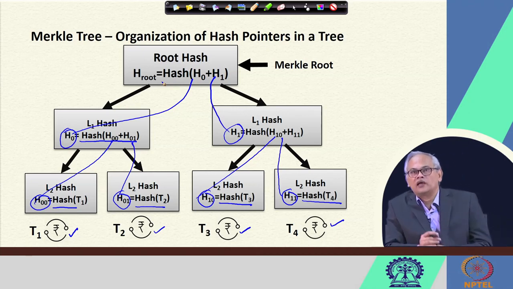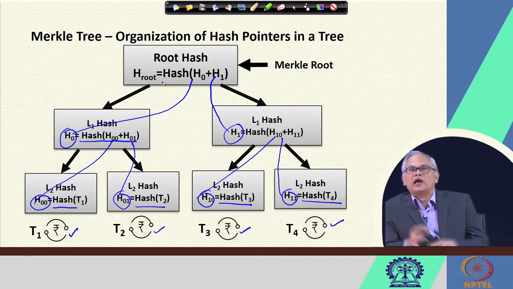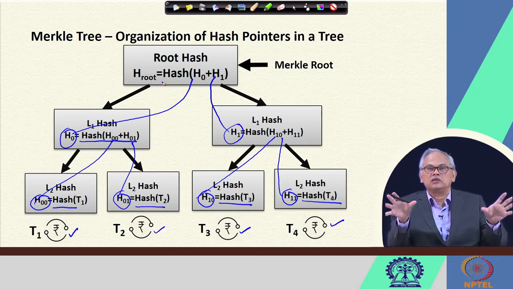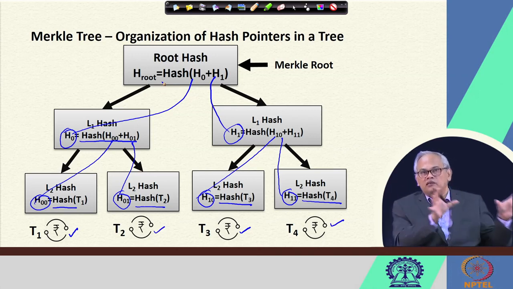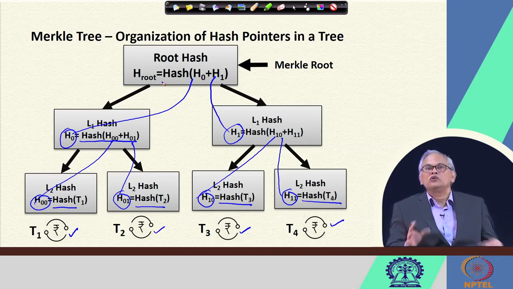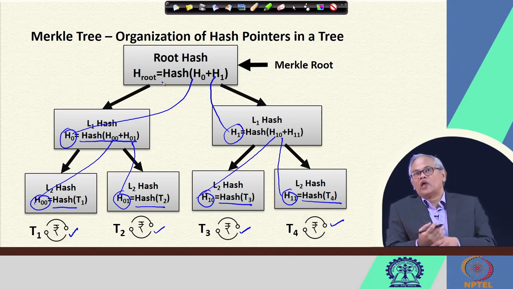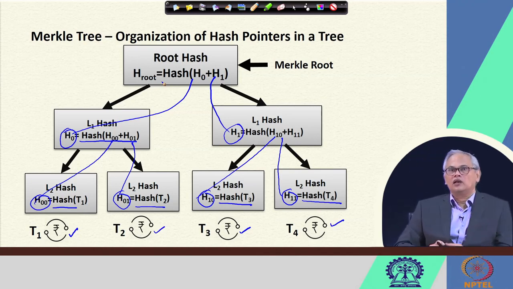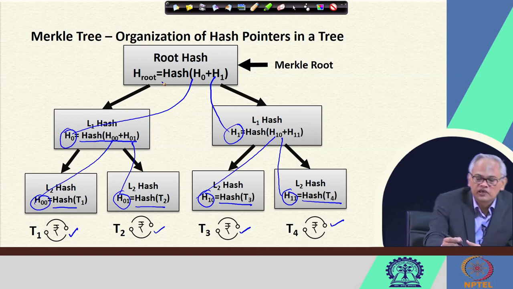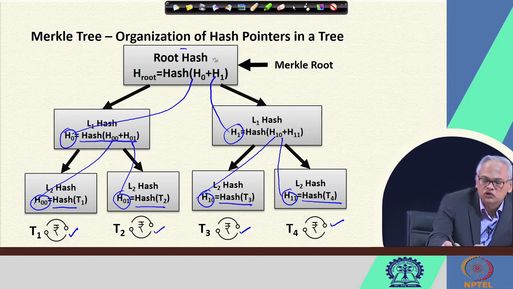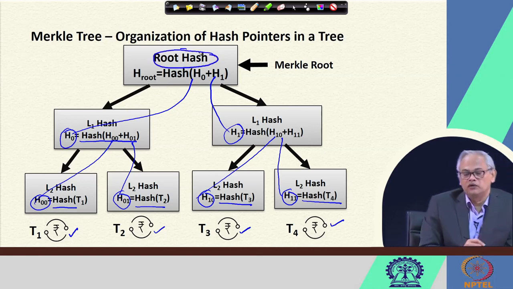So, that is the root hash, or the Merkle root, which is the hash of all its next level of children, and then the next level, and so on. You see that it is like the hierarchical hashing that we talked about in our last lecture, and then we get what is called the root hash, also called the root of the Merkle tree.